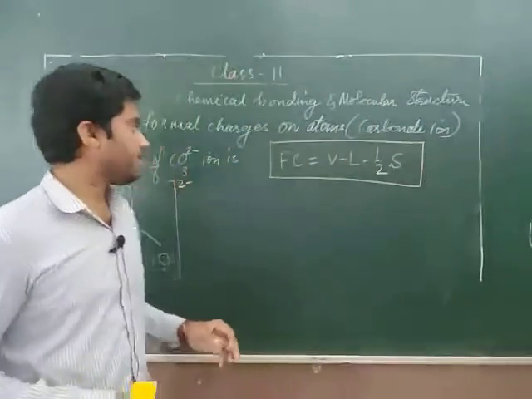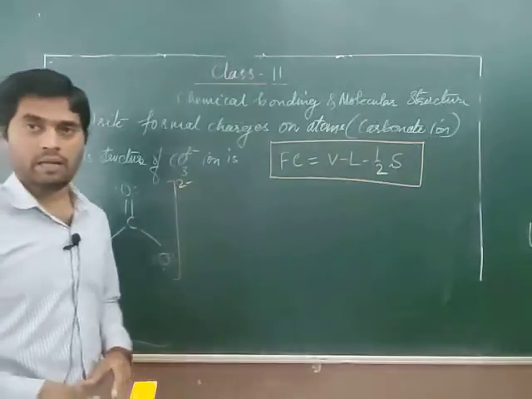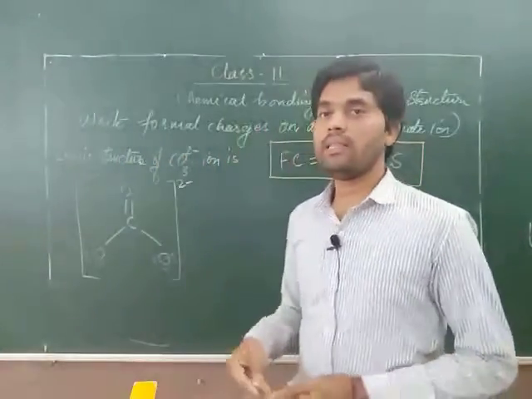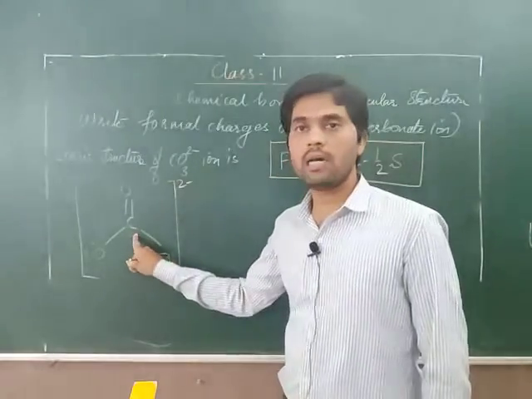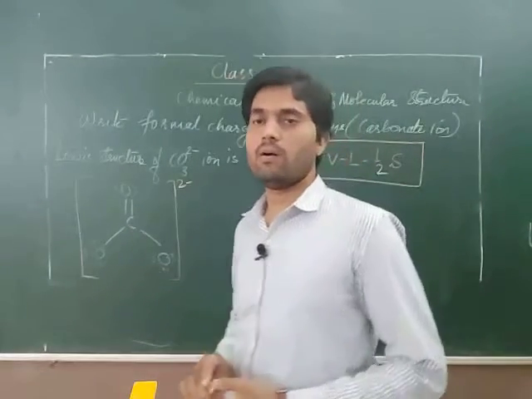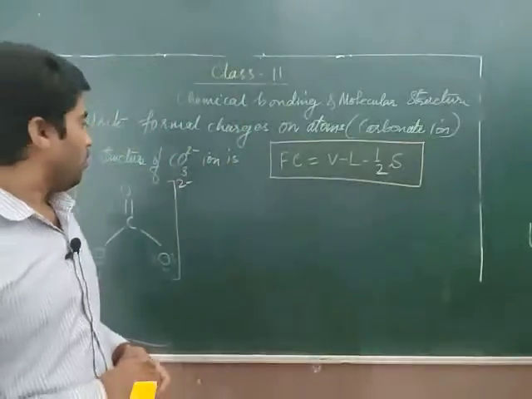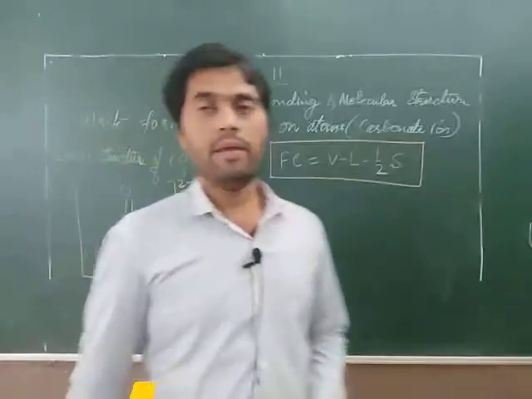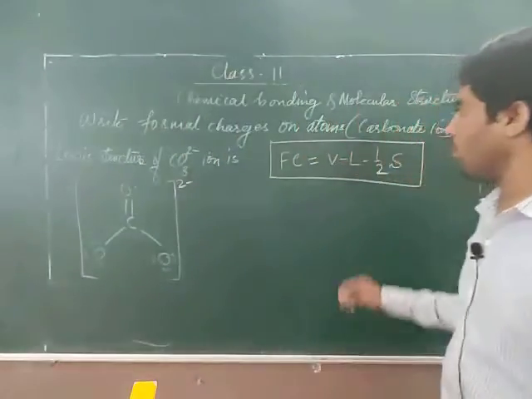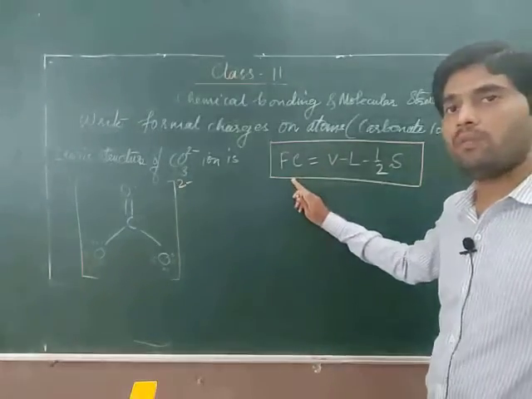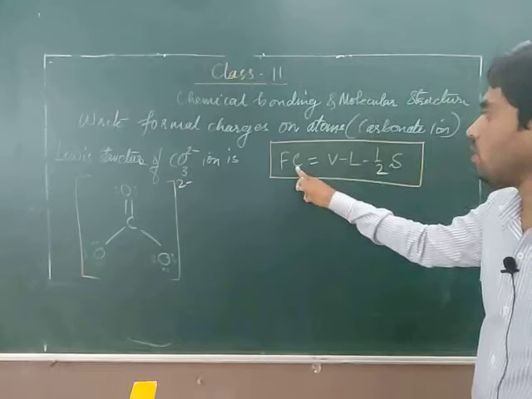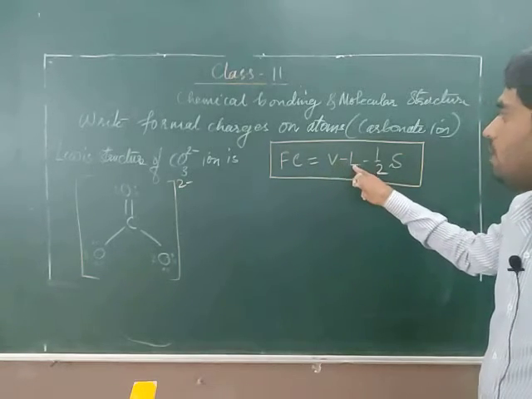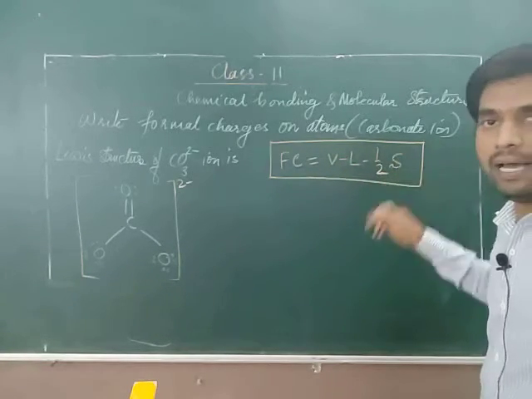Today we are taking the example of carbonate ion, and we have to determine the formal charge on carbon. First of all we must know the formula. The formula of formal charge is FC, meaning formal charge, equals V minus L minus half into S.